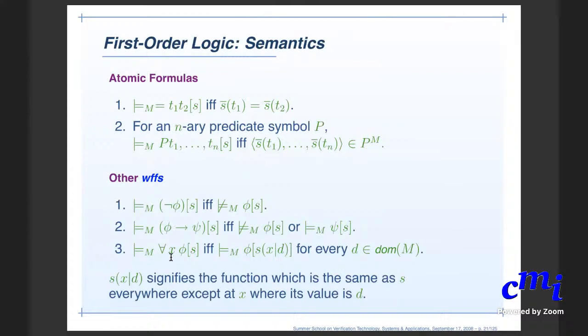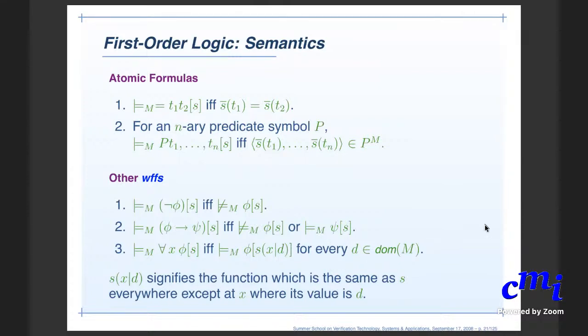So for that particular x, which the universal quantifier symbol quantifies, you replace it with d, leaving the other things, and then you evaluate, and this should evaluate to true for every element in the domain.